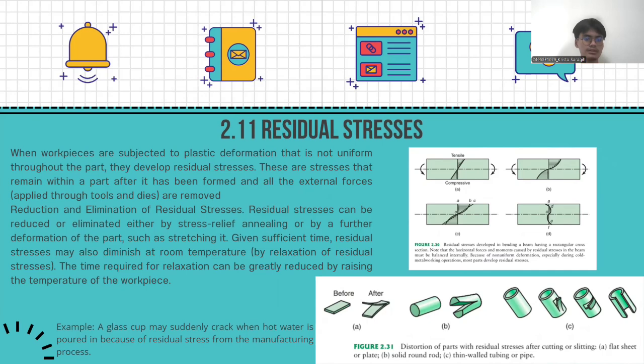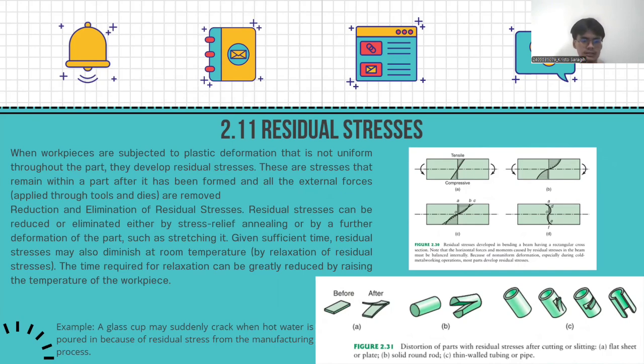Reduction and elimination of residual stresses. Residual stresses can be reduced or eliminated either by stress relieving and annealing or by a further deformation of the part, such as stretching it. Given sufficient time, residual stresses may also diminish at room temperature, by relaxation of residual stresses.